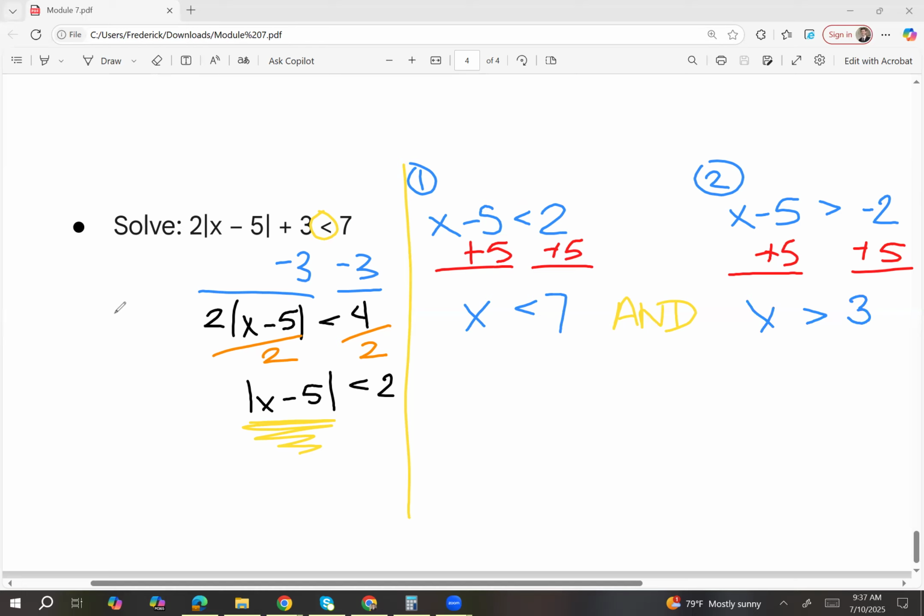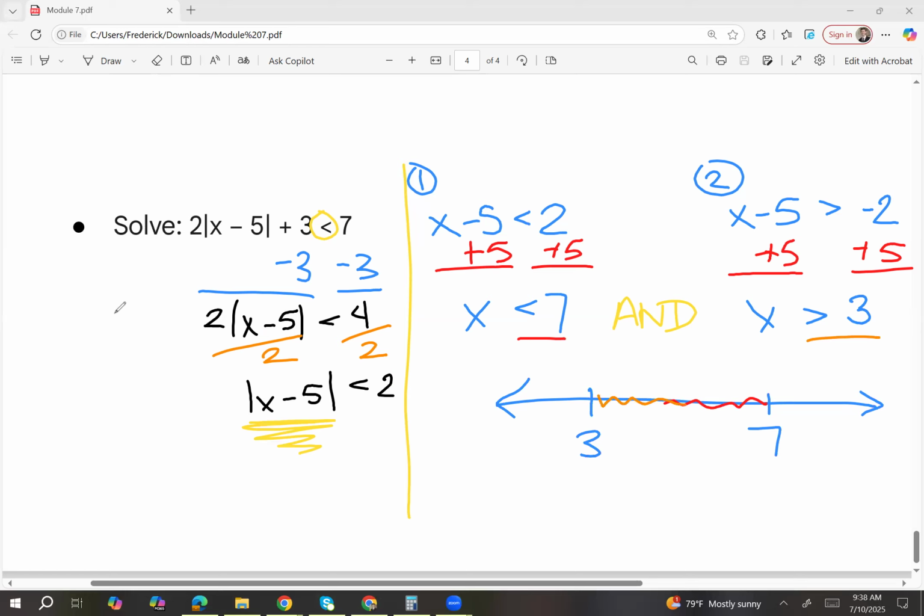Let's just map that out, see if it can make any sense. Remember that last "and" example, we didn't have any corresponding area or numbers that would work. But sometimes they do. 3 here, 7 would be higher than 3, so it might be here on a number line. Let's start drawing out what's going on. Less than 7 means we're coming this way. And greater than 3 means from 3 we would be coming this way.